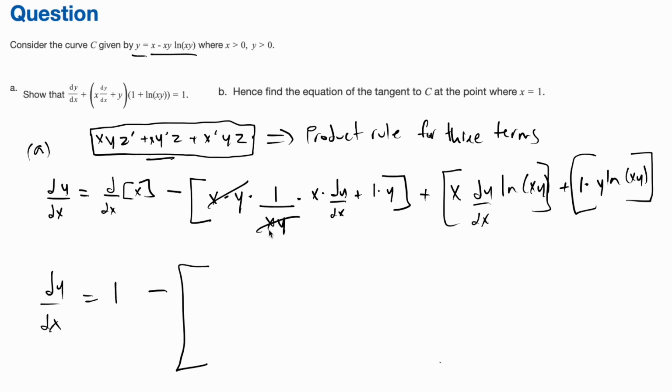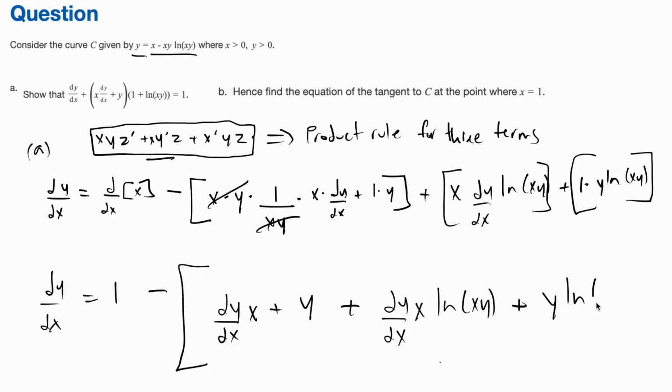The xy terms get cancelled out, and so in this bracket we're left with dy by dx of x plus y. Then in the next portion, we get dy by dx of x ln of xy, simple multiplication, and in the last bracket we're left with y ln of xy.